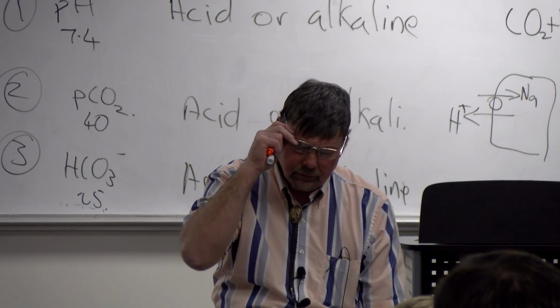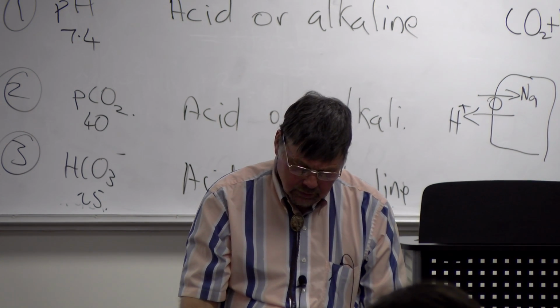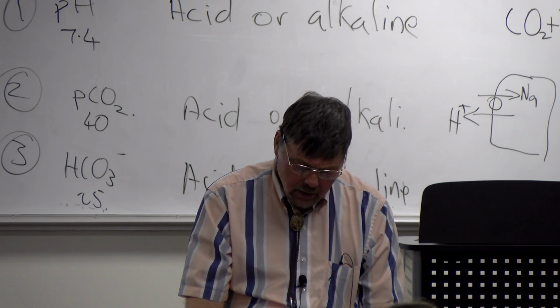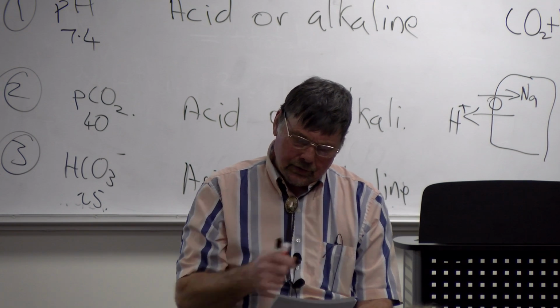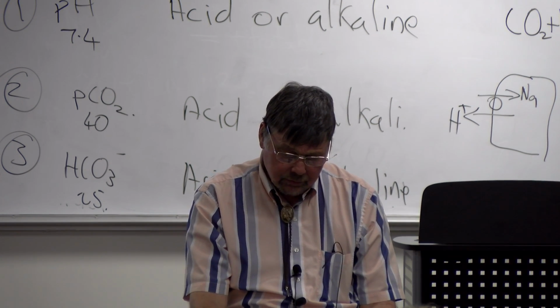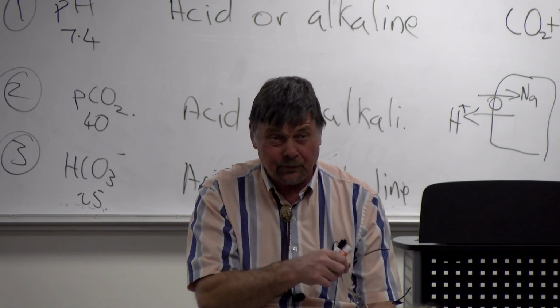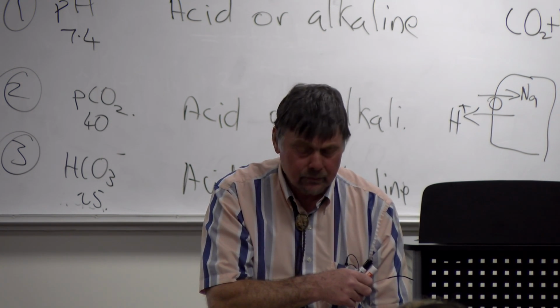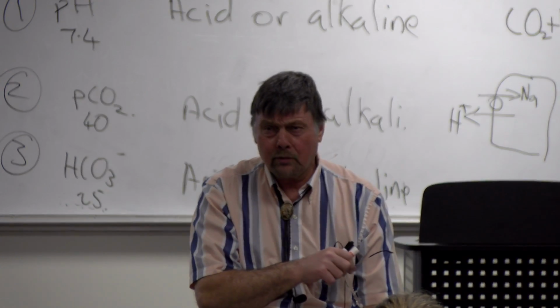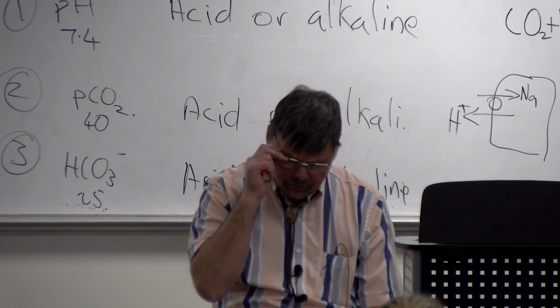Okay, let's do the next one along, which is pH 7.307, the third one. So the third one is an acidosis, right? PCO2 is 55.5, so it's looking like a respiratory acidosis. So what might we expect the bicarbonate to be?